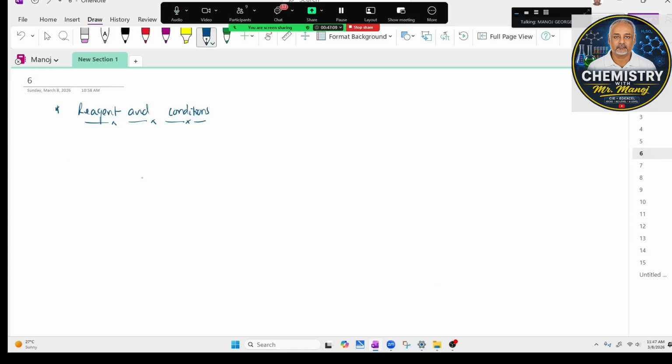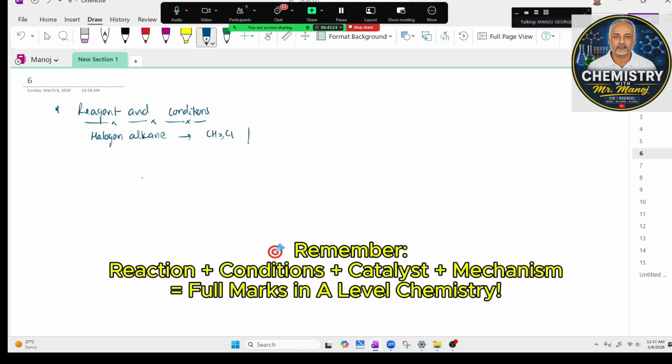The reagent conditions: we can work with halogen alkane. Halogen alkane, like CH3Cl or CH3Br. I can use any halogen, whichever I want.